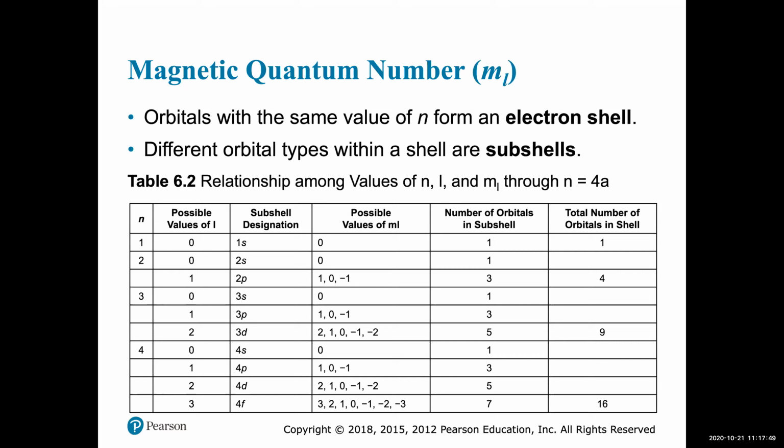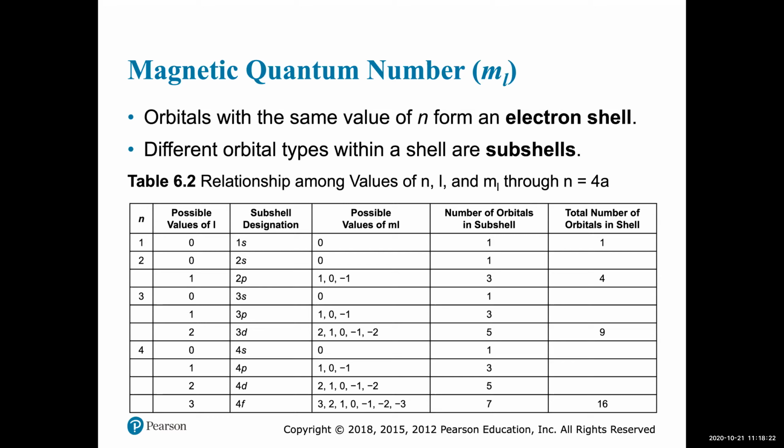But now we have a second value of L, the 1, and so now we have a 2p subshell designation. And with 2p, now we have 0, 1, and minus 1. And so now we have 3 orbitals in the subshell. And so we have the 3 from the 2p subshell, we have the 1 from the 2s for a total of 4. And then we go on to n equals 3.